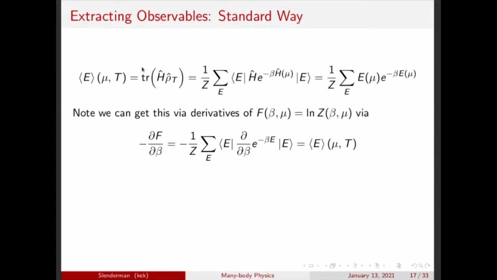Sorry, this should be 1 over Z times the trace of H rho. It's a typo there. But here I have the 1 over Z factors. So this is the partition function, trace rho, 1 over it. Here I'm using the energy eigenbasis to write this trace as I did before.